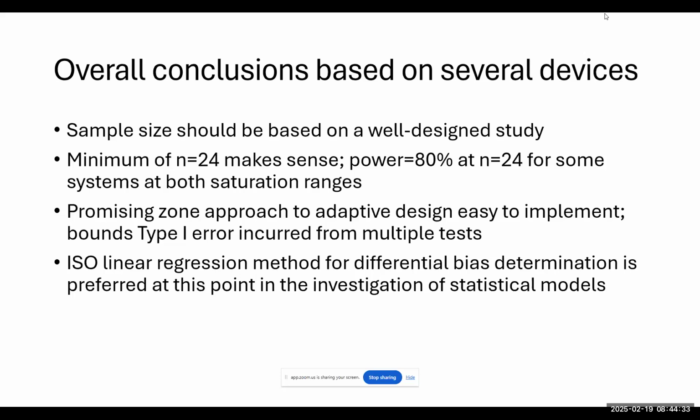One thing that we're still investigating is this promising zone approach to an adaptive design, which could be easy to implement, bounding type 1 error incurred from multiple tests. Again, something we're investigating now on how we would develop the verification study going forward, starting with an initial sample size, maybe based on pilot data, predicate system hypoxia data, and then that first look at that minimum sample size and testing the hypothesis to the acceptance criterions by the FDA.